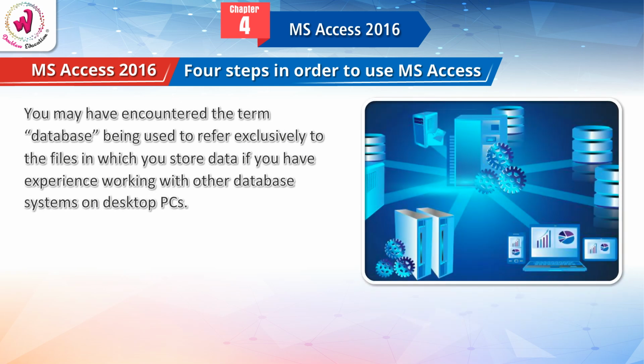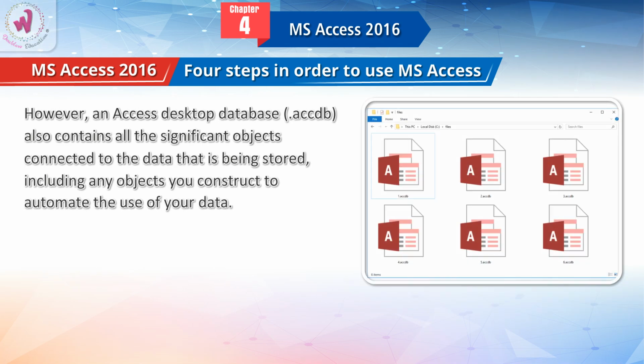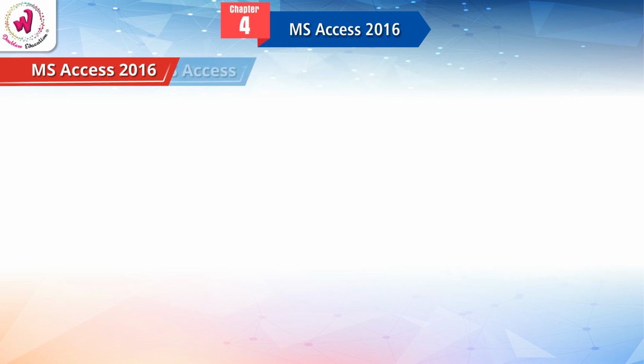You may have encountered the term database being used to refer exclusively to the files in which you store data, if you have experience working with other database systems on desktop PCs. However, an Access Desktop Database (.accdb) also contains all the significant objects connected to the data that is being stored, including any objects you construct to automate the use of your data.